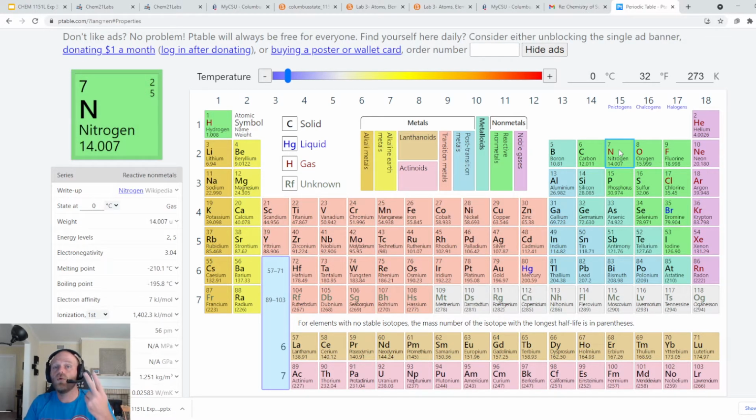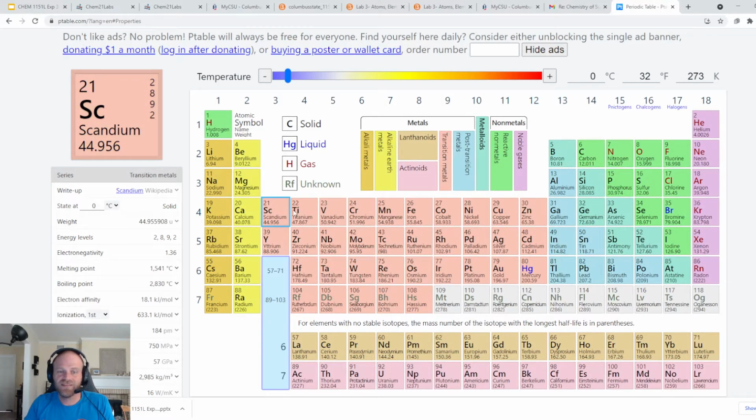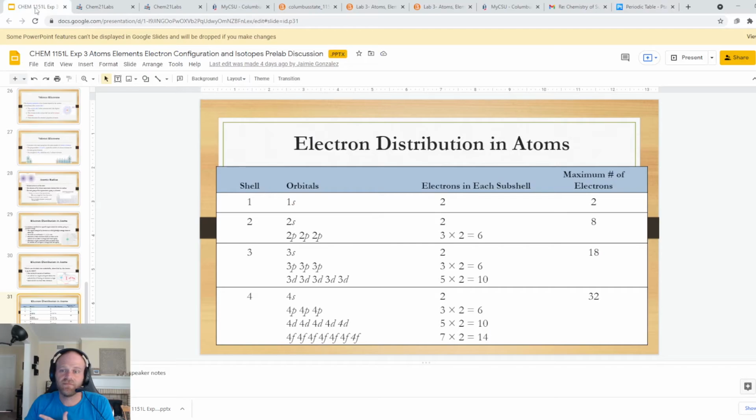So the whole principal energy level 2 is 8 electrons, right? Principal level 2, 8 electrons. Now when I get to 3, that's when I actually include the D's. So all of these D electrons are part of principal level 3, and they would have 10 electrons plus the 2 from the S plus the 6 from the P, so that makes a total of 6, 2, 10, 18. Right? 18 maximum electrons.